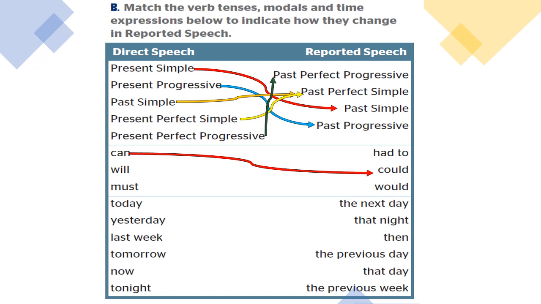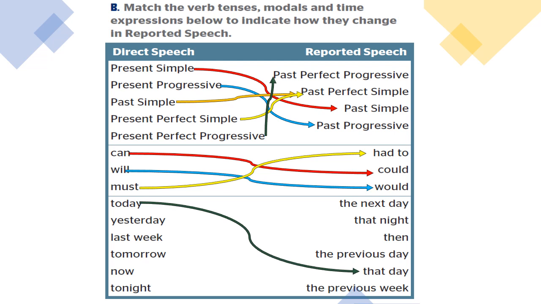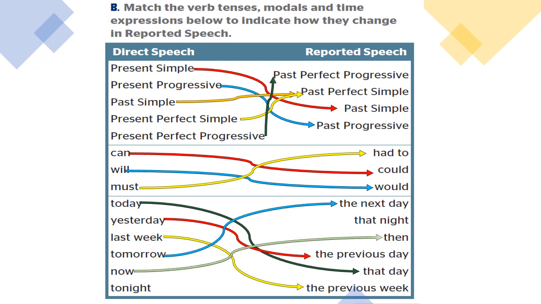Can changes to could, will to would, must to had to, today to that day, yesterday to the previous day or the day before, last week to the previous week or the week before, tomorrow to the next day, now to then, tonight to that night.